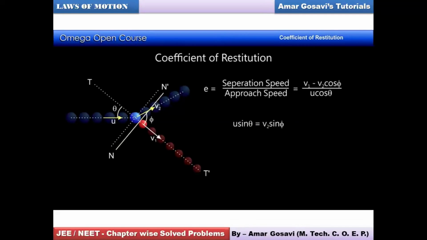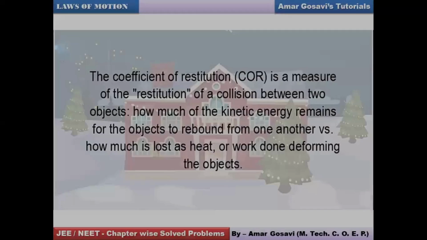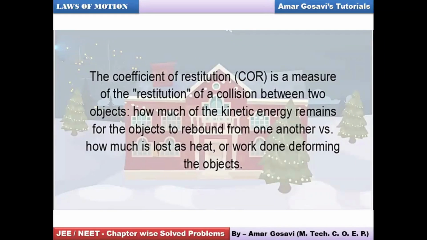So, how do we define coefficient of restitution in a simple way? It's a measure of restitution of collision between two objects. What it means is how much of the kinetic energy remains for the objects to rebound from one another, versus how much is lost in the form of heat or work done deforming the object.